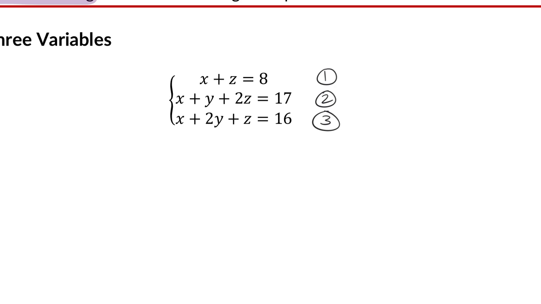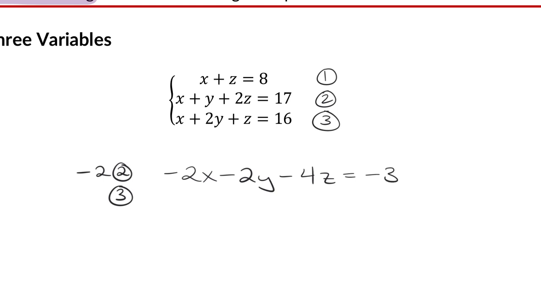You want to eliminate the same variable. What could we do with equations 2 and 3? -2 times the second equation, and then add the third equation. Those y's are going to cancel. That's what was canceled already, so we want to cancel the same thing. So this would be -2x minus 2y minus 4z equal to -34, and then x plus 2y plus z equal to 16.